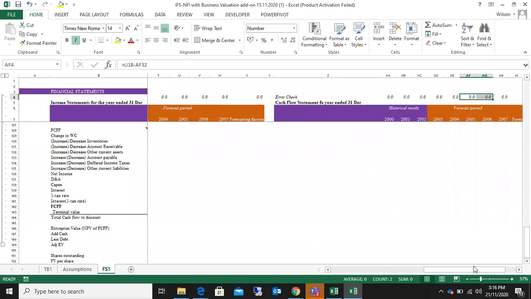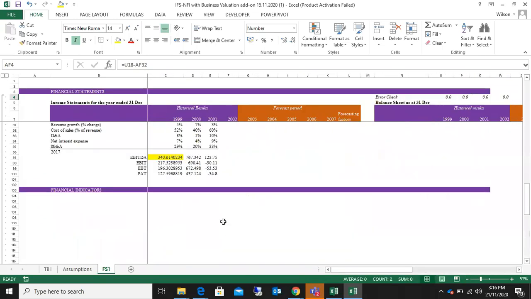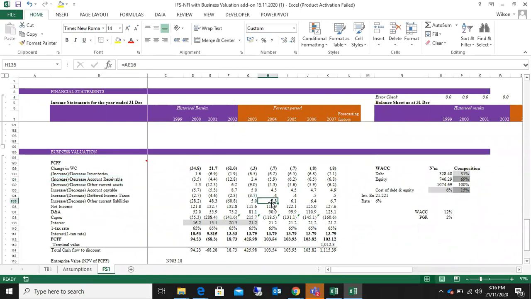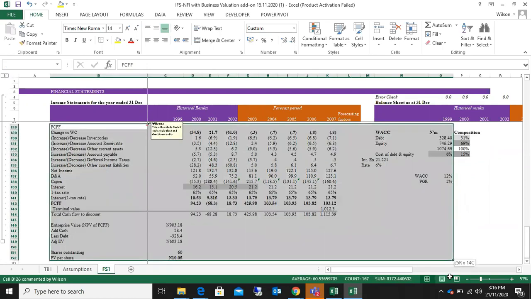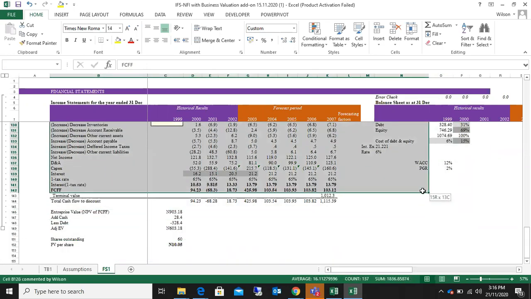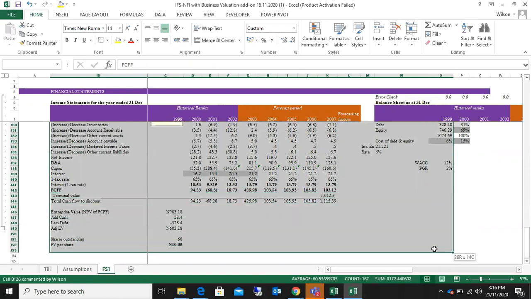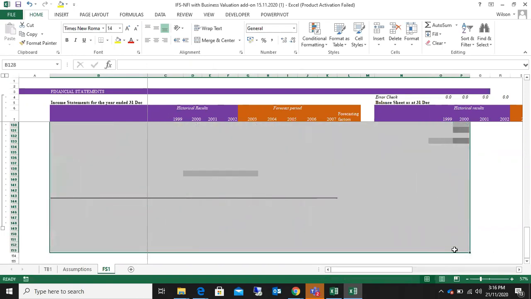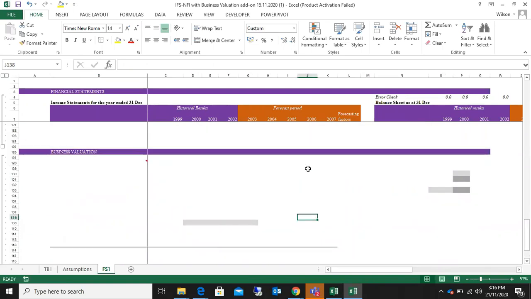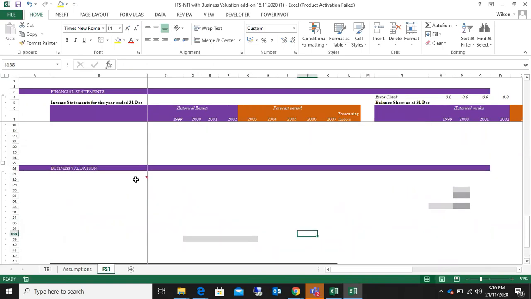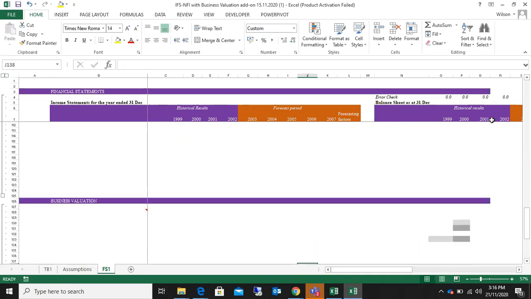If you look at it, it's already built, so I'm just going to take all this out so we can build everything from start to finish. So what we have here is a blank page, and we see the business valuation. That's what we want to achieve right now.